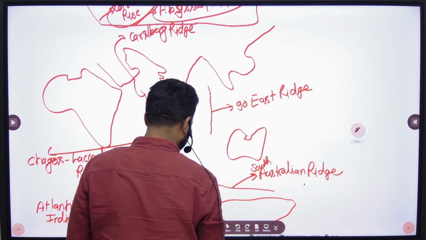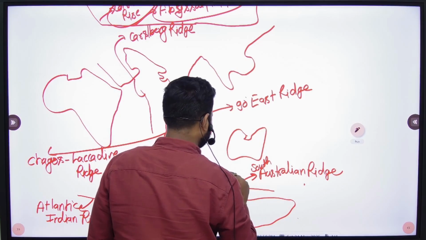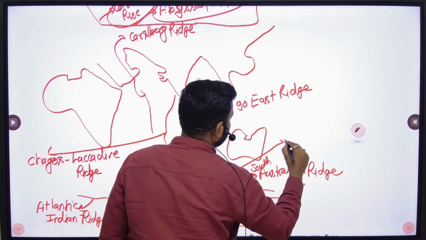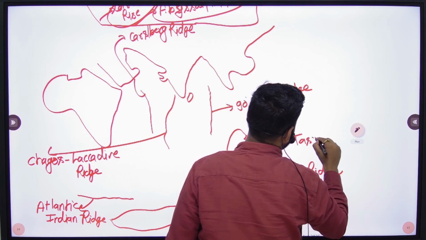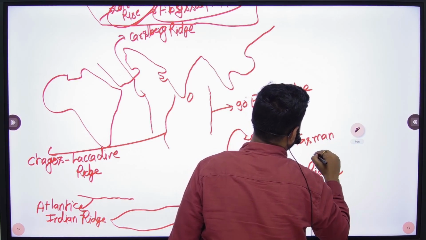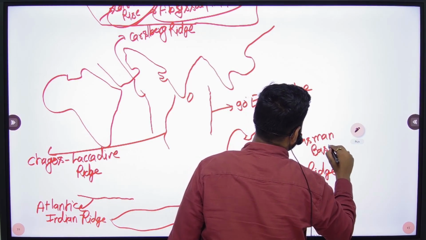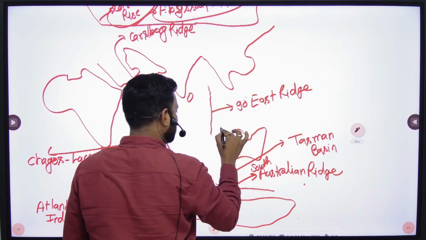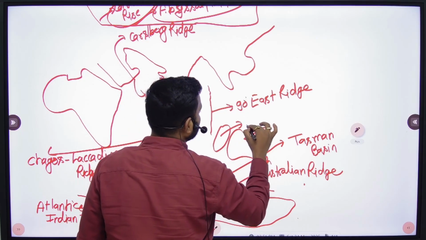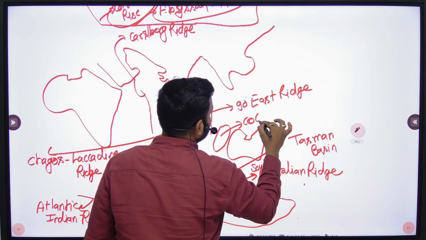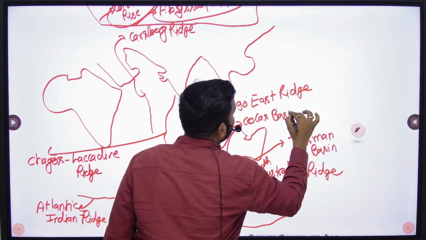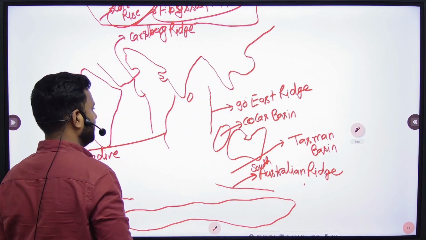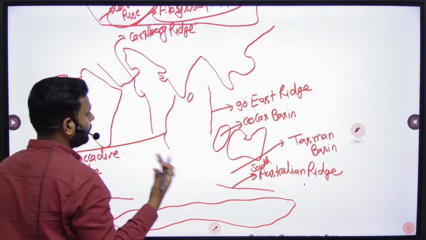North of the Australian Ridge is the Tasman Basin. Here there is a Cocos Basin. Don't get confused with the Cocos Basin which is on the western side of North America.